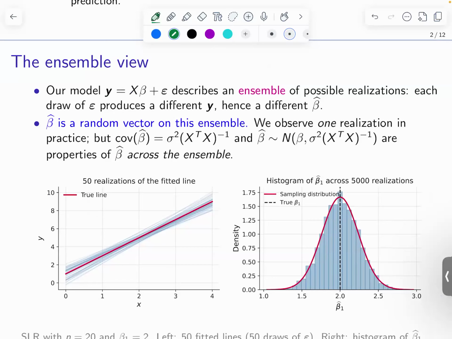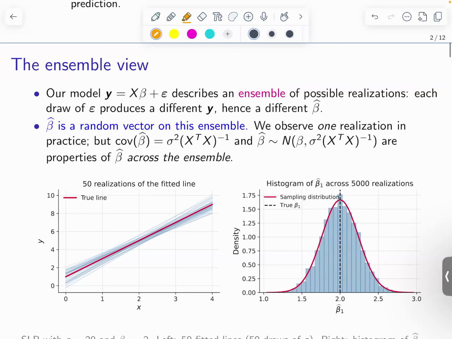This is where I want to spend a little bit of time reminding you what we have in a probability model, or an abstract probability model. Our model is this linear model, and we assume that this noise is random. Once we head into the statistical land, we assume that this is a random vector, and so it implies that y is a random vector.